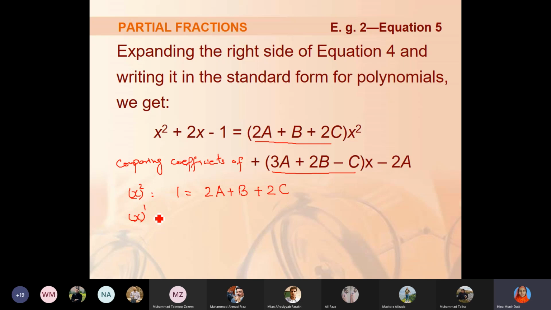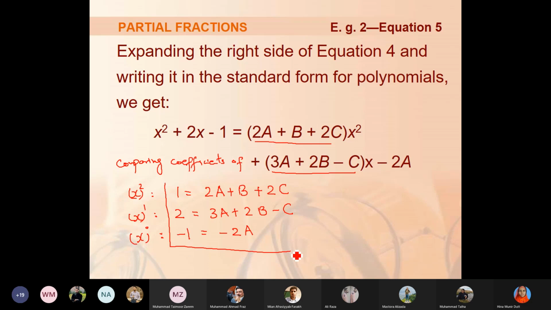What about coefficient of x? On the left hand side I have 2. On the right hand side I have 3a plus 2b minus c. And for the constants, on the left hand side I have minus 1. On the right hand side I have minus 2a. Now I have 3 equations and 3 unknowns.